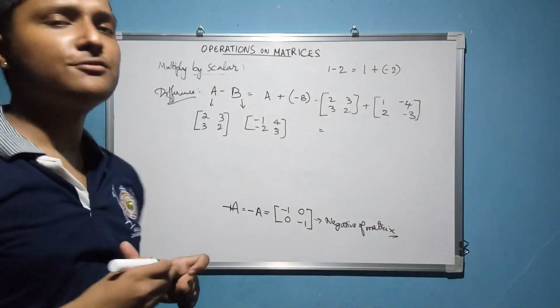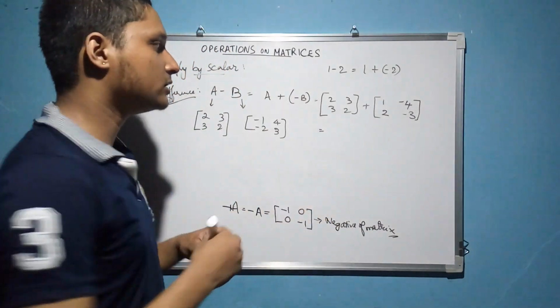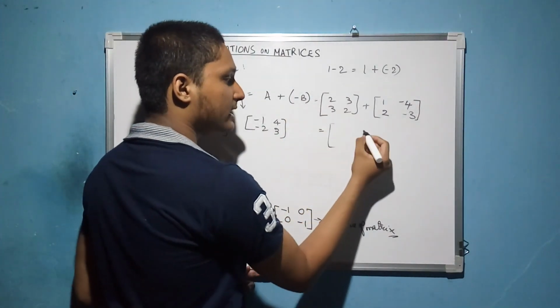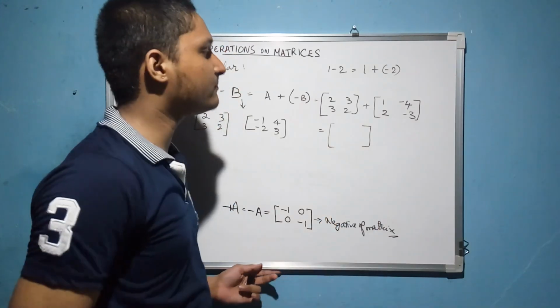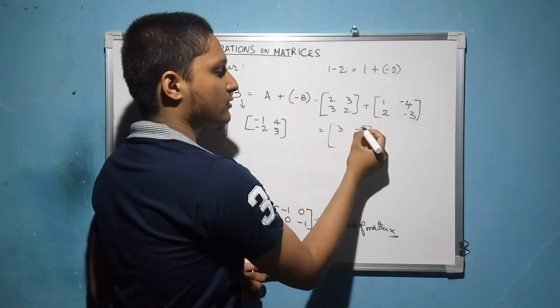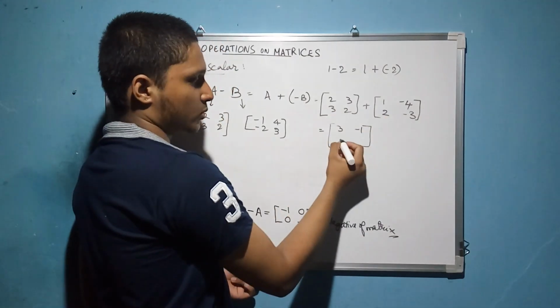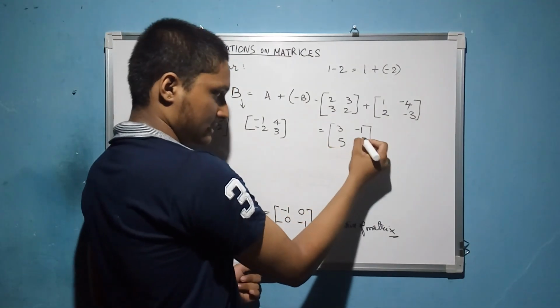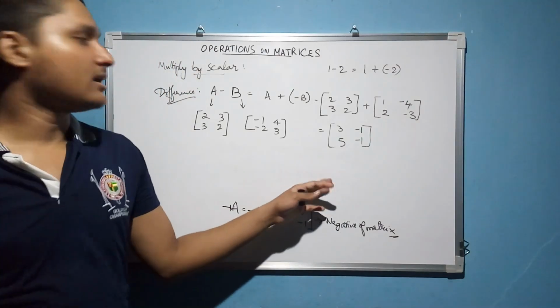Now the remaining thing is all about addition. It is going to be a 2 by 2 matrix only. So 2 plus 1 is 3, 3 minus 4 is minus 1, 3 plus 2 is 5, 2 minus 3 is minus 1. This is going to be the answer.